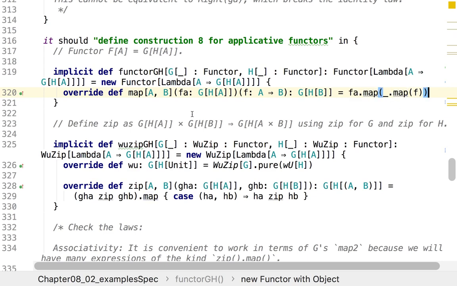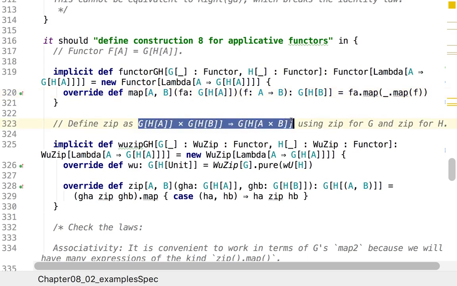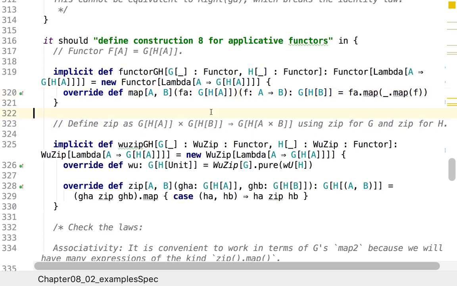Now let's define the zip. So how do we define the zip? We need to define a transformation like this. We need to define also the wrapped unit. So the only way to define a wrapped unit is to do first to take the wrapped unit of H and then lift it into G by using the pure from G. So that's the only way we could get a value of this type.